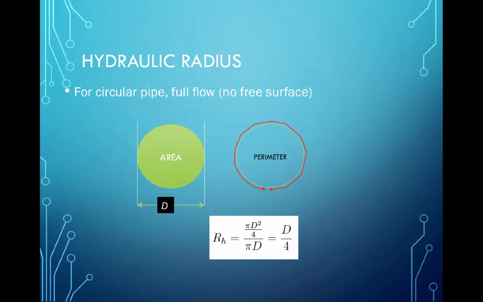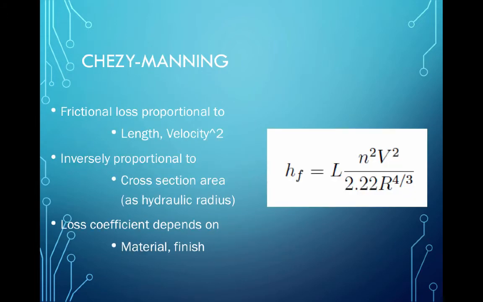This diagram shows the area in green, and then the perimeter is this red curve right there. And the hydraulic radius is the ratio of those two. So for a pipeline that's full, the hydraulic radius is diameter divided by 4. In other conditions, that's no longer true. If it's not a circular pipe that's full, that's not true.